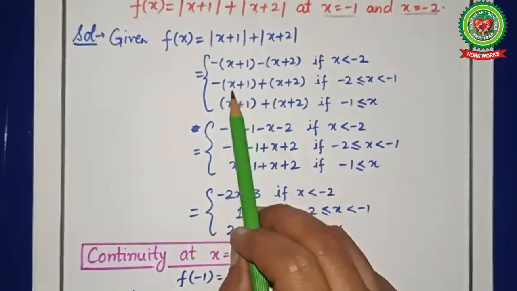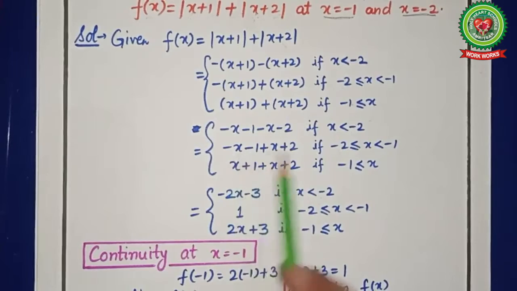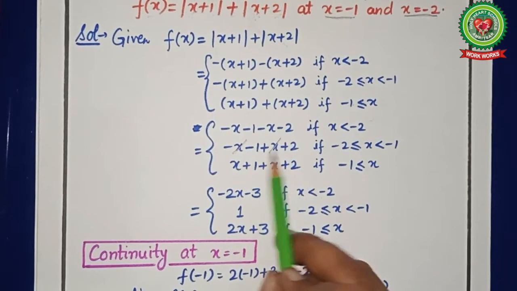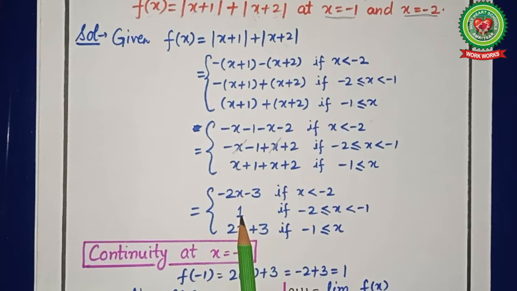Second case, when you simplify, -x and +x cancel out, so -1 + 2, the answer is 1, if x is greater than or equal to -2 and less than -1. Third, it is x + x + 3, that is 2x + 3, if x is greater than or equal to -1. In this way, we will find the value of the function at different intervals.